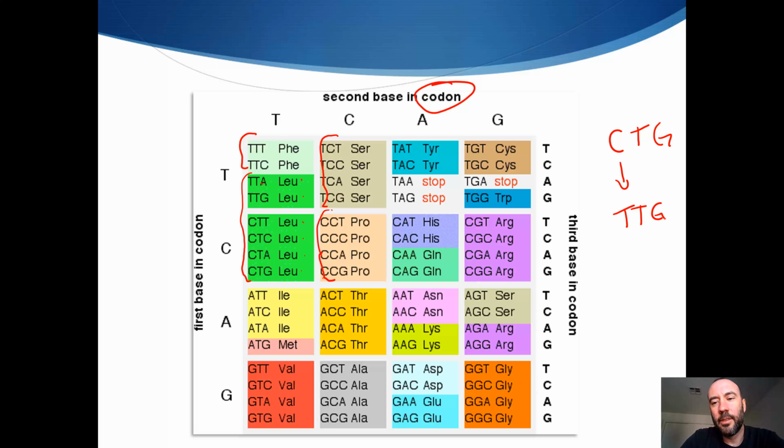Well, no worries, because you'll notice that CTG makes leucine and so does TTG. So that's good. So the redundancy actually helps to prevent certain mutations from being potentially harmful mutations, right?